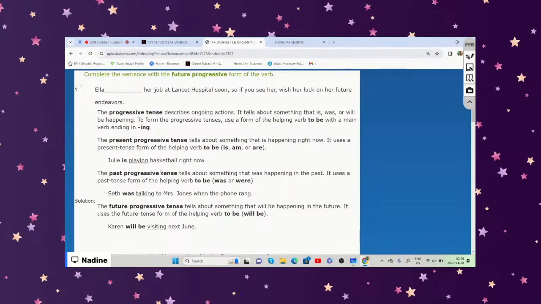It uses the present form of the helping verb to be. So we're using either is, am, or are. We made an example of Julie is playing. And we made an example of are when we say that the boys are playing football.